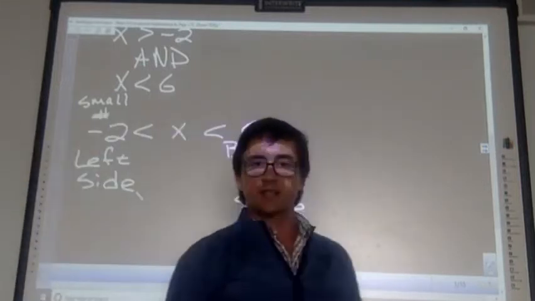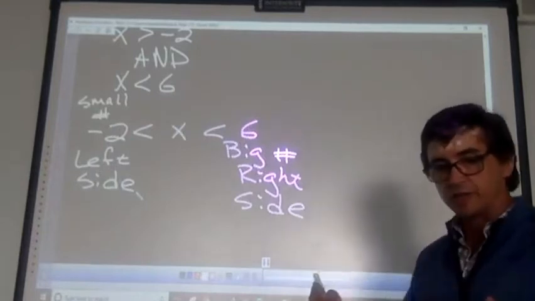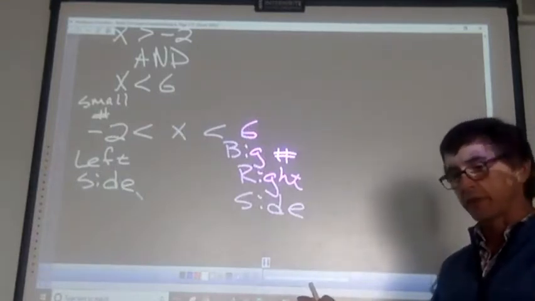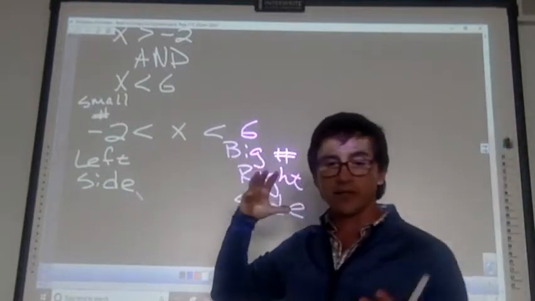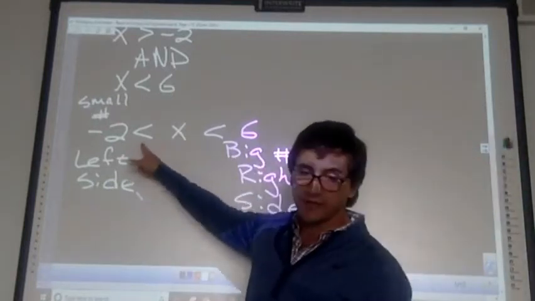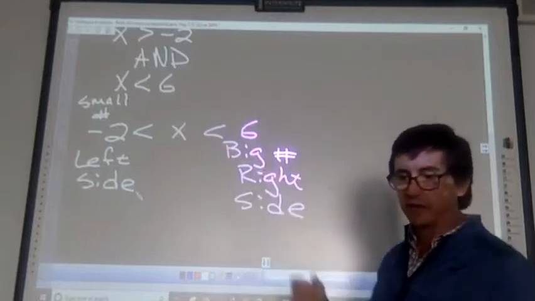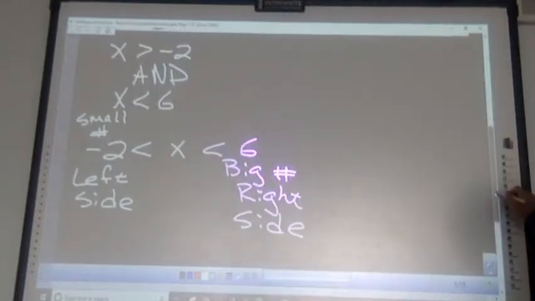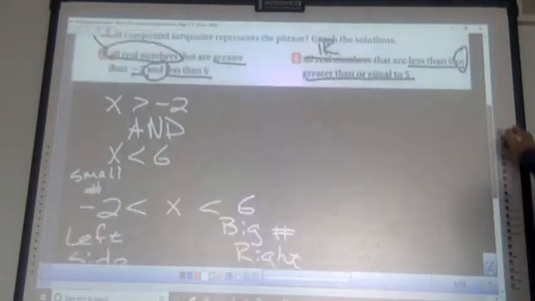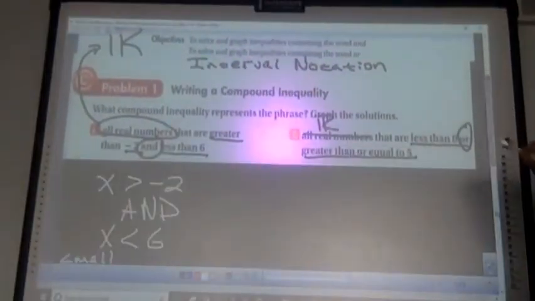So I want these to become like automatic to you. You see two numbers, bam, small number on the left, big number on the right. You see and, less than. The only thing you really have to look at is if it's equal to or not, and then you're good. So that's the one on the left there. We'll go to the one on the right.